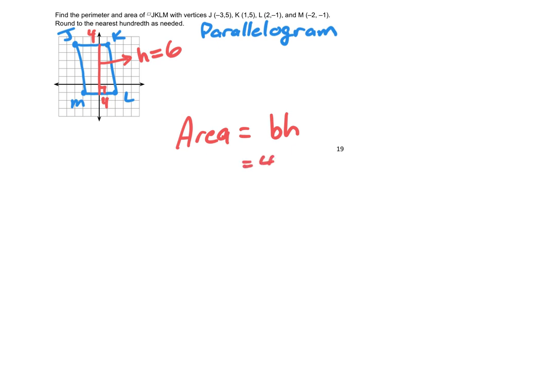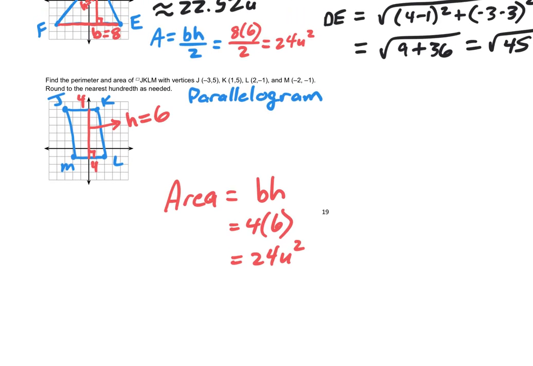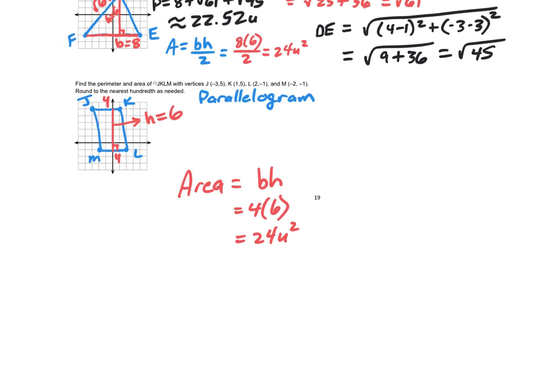So my base is 4, my height is 6, and that would be 24 units squared. Okay, just so happens it's the same area as the one above, but it's a completely different figure. Okay, so I'm not going to go through the perimeter just for the sake of saving a little bit of time. Questions on either one of those?